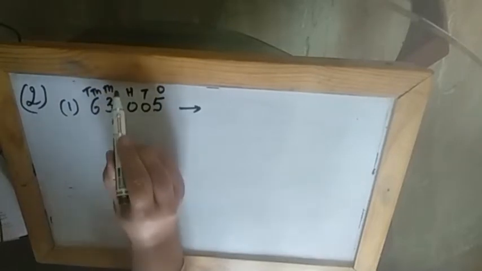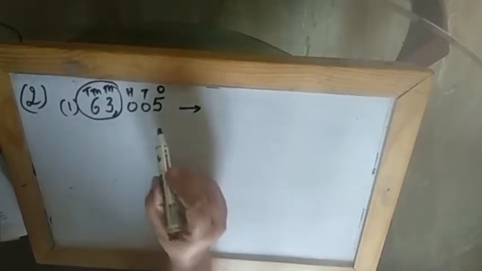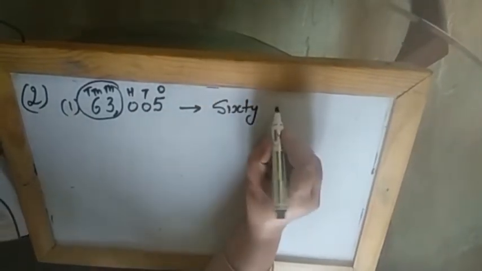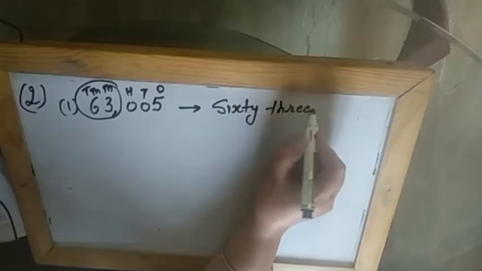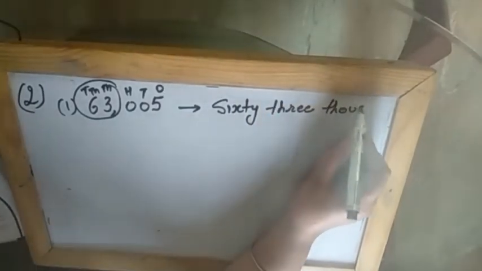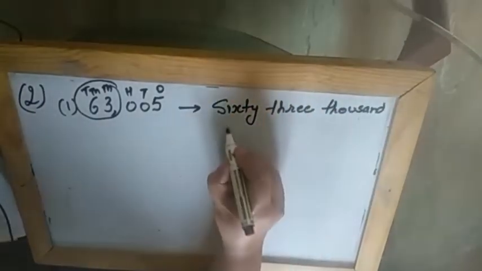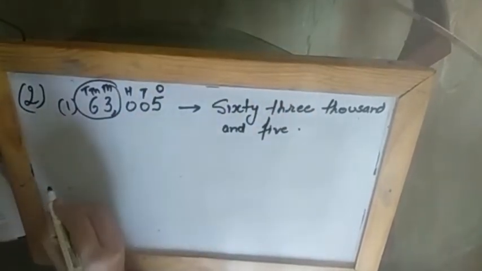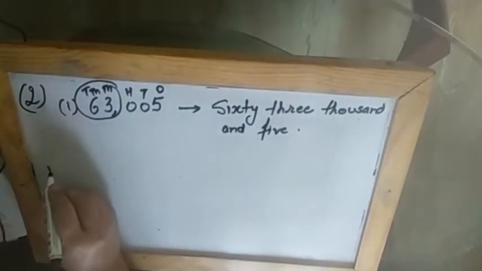So this number is 63,005. So in words means you have to write in this form. 63,005.